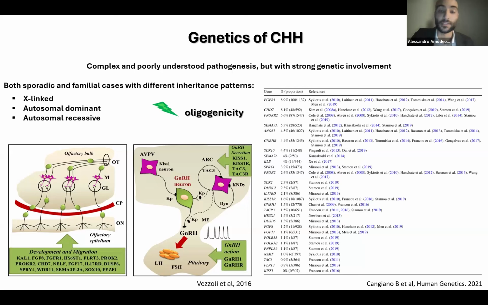So far, we have identified more than 50 genes associated with congenital hypogonadotropic hypogonadism, even if, and this is an important point to underline, genetic diagnosis is not necessary to make the diagnosis of congenital hypogonadotropic hypogonadism.